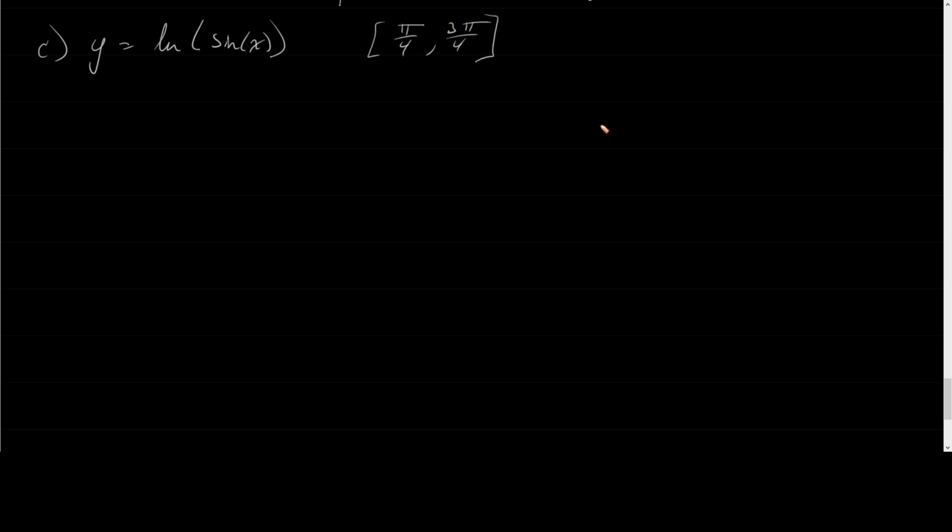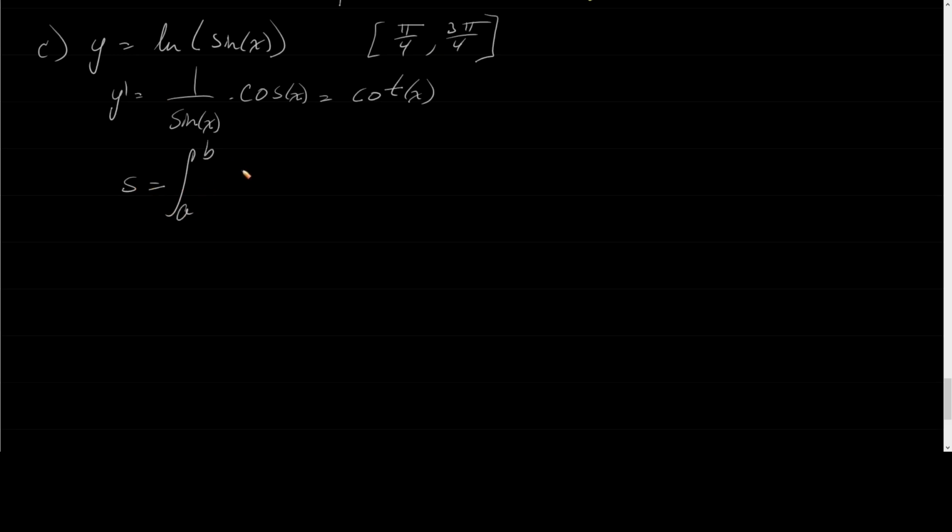All right. So the very first thing I need to do here is find the derivative, right? So y prime, and that's going to be 1 over sine of x, and then by the chain rule times the derivative of the inside, the derivative of sine is cosine of x. So I get here cotangent of x, right? So what I get now is, well, I'm going to have that the arc length is the integral.